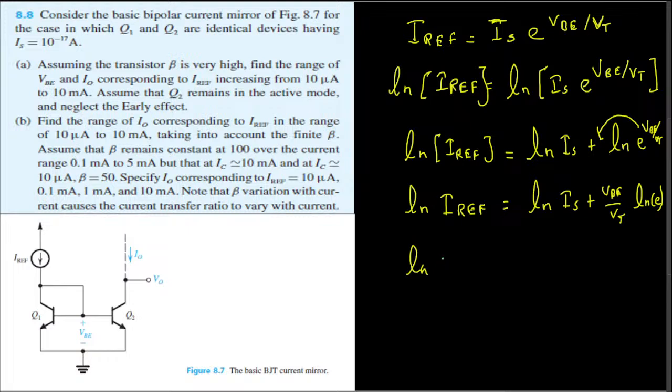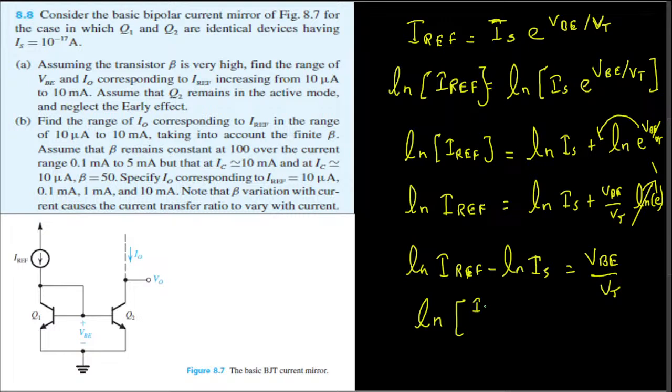So ln I reference minus ln IS is equal to VBE over VT. When we have subtraction in ln, that is equivalent to division, so ln I reference over IS. So this is the equation, and if we write in terms of VBE, then VBE is equal to VT times ln I reference over IS.